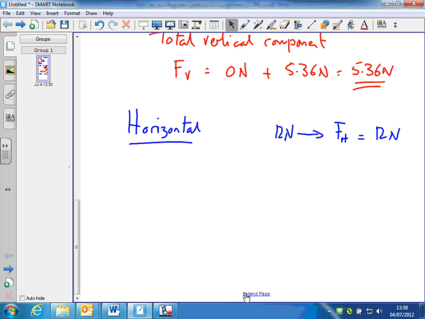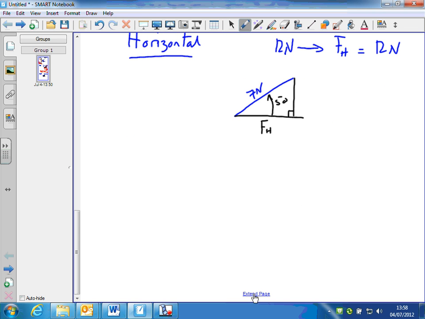For the 7 Newton force, again, this 7 newtons acting at 50 degrees to the horizontal. So this time, right angle triangle, we're after this side of the triangle, which is the adjacent to the angle. So we use the cosine. So the cosine of 50 degrees equals the adjacent, which is the horizontal component of the force, over 7.